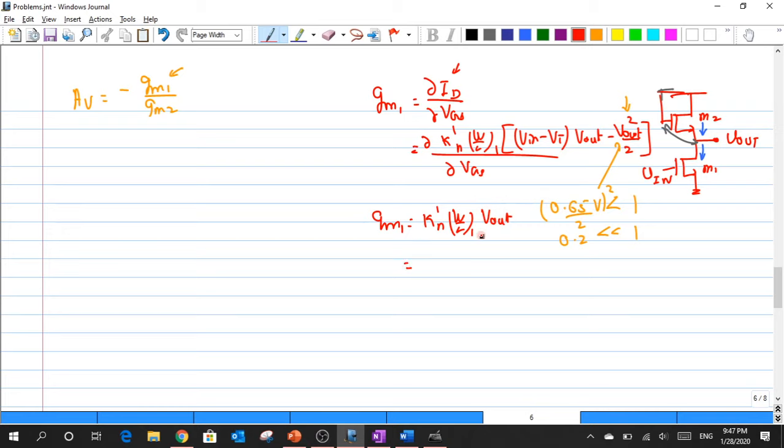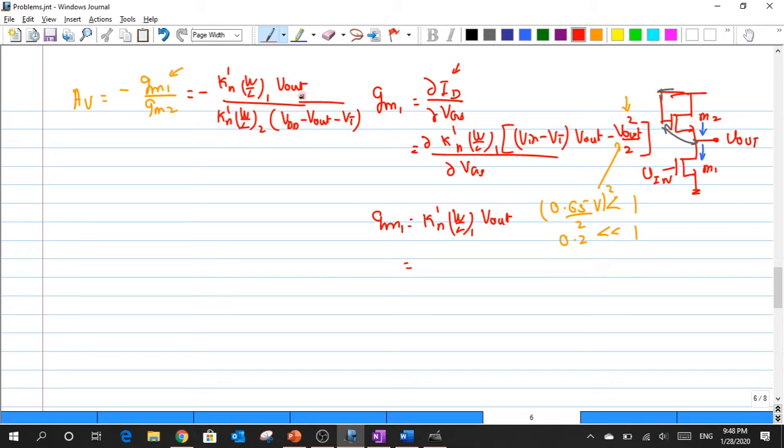We know all of these factors here, so I can just go here and substitute the quantities: L of 2 VDD minus V out into VTH.